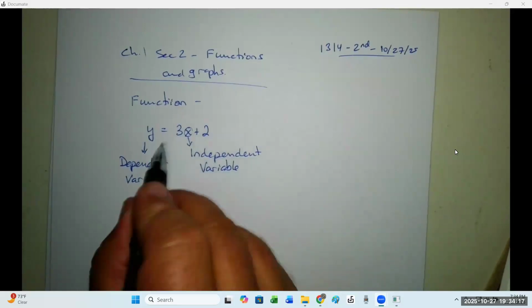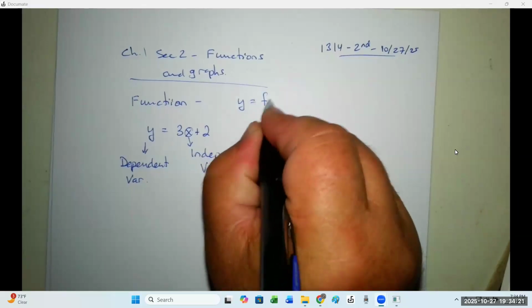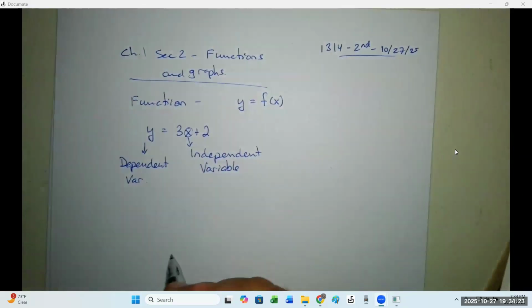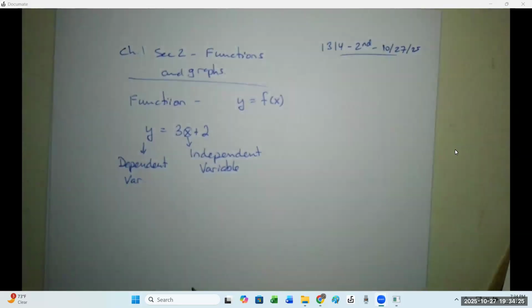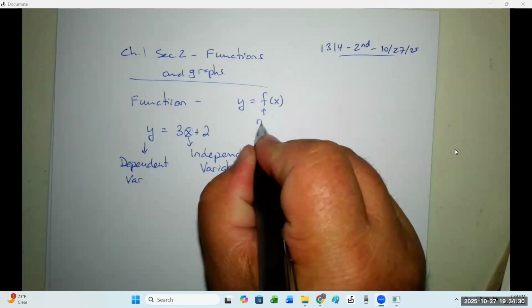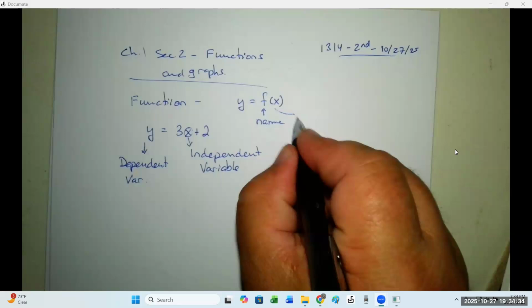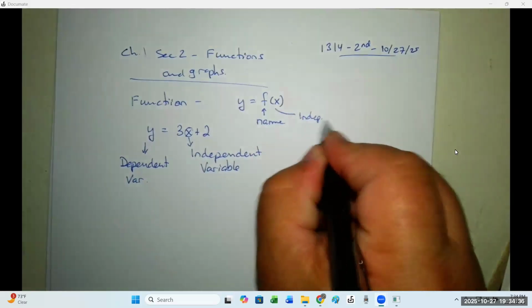So instead of writing y, we call it that. That's function notation. This is the function name, and this is the independent variable.